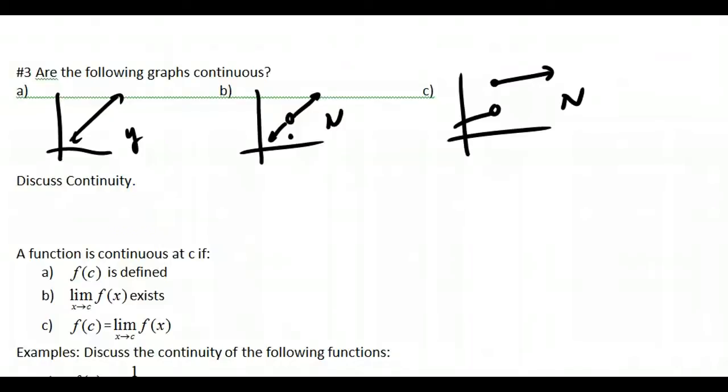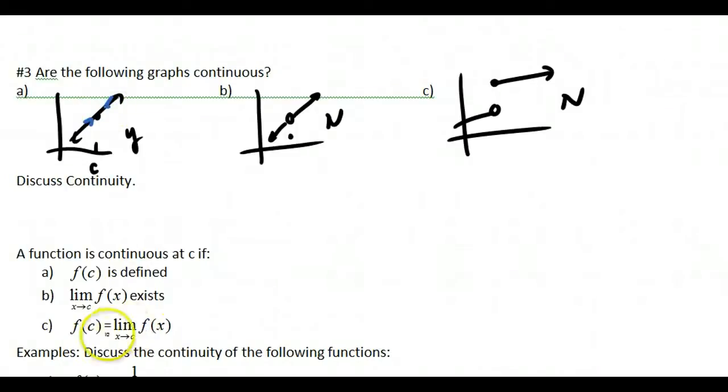Now, the formal definition is that a function is continuous at c if f of c is defined. So if I had some value c here, f of c is defined. And then the limit exists. And so as I go closer here, and I go closer here, I'm driving to the same place, so we do have the limit.